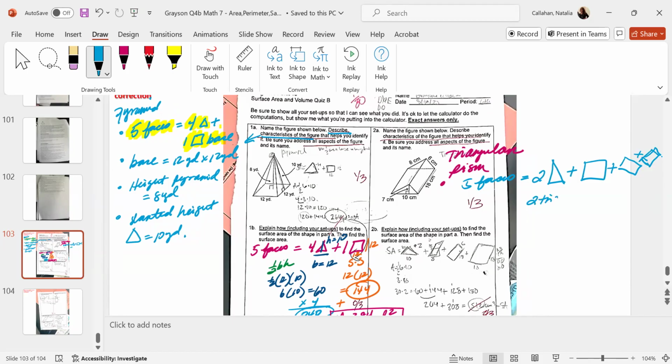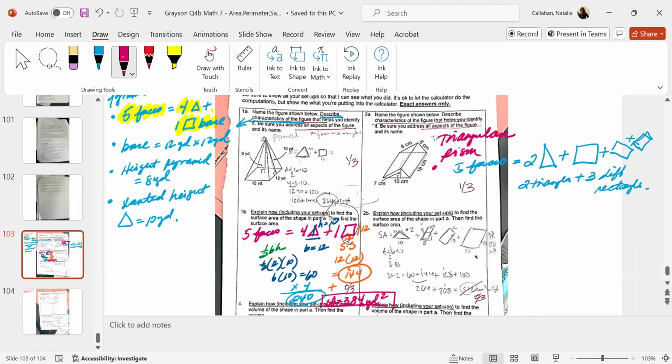You have 2 triangles. And what's the other one? 3 rectangles. And I think there are 3 different rectangles, right? Okay, that's kind of what she's looking for.